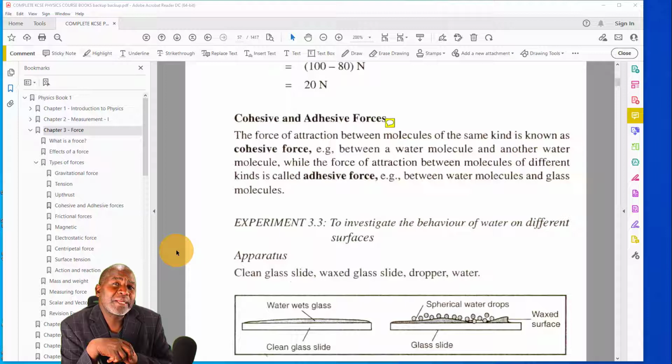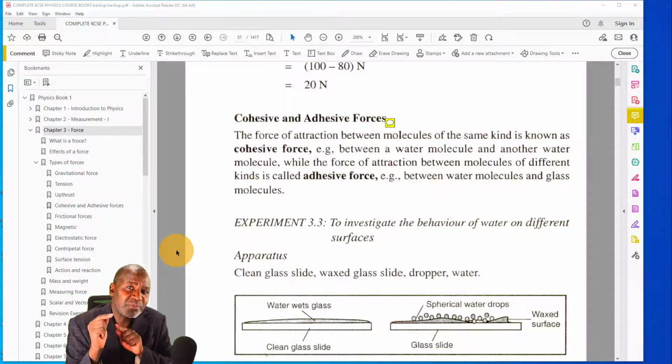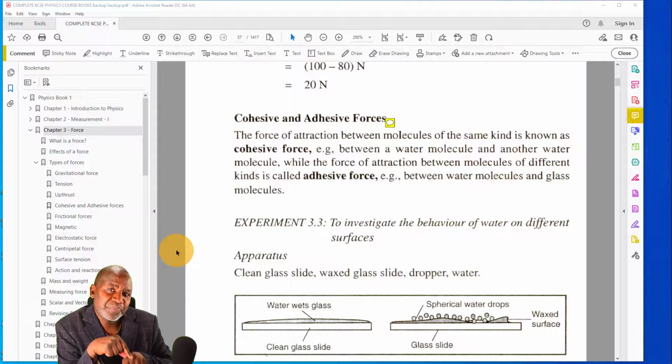What kind of explanation can we give here? It is the relative sizes of the two forces involved. Remember, in each one of them, the two forces are involved: cohesive forces between water molecules and adhesive forces between water molecules and glass molecules.